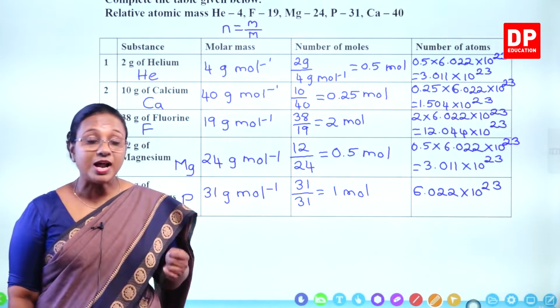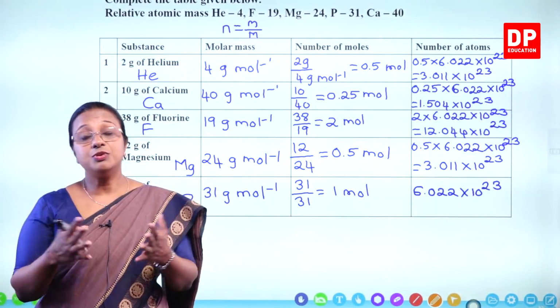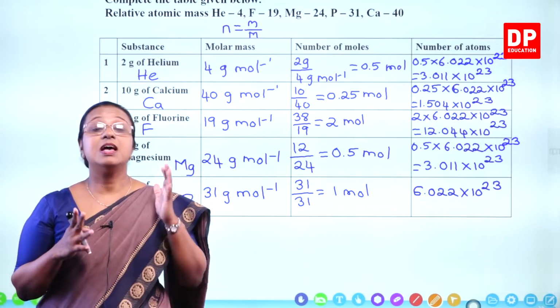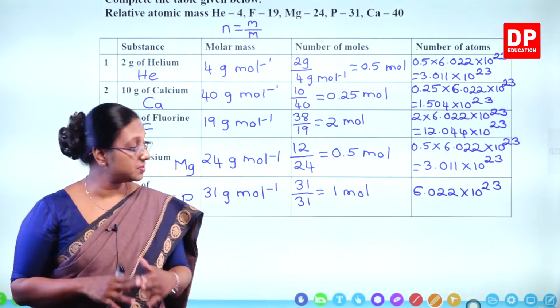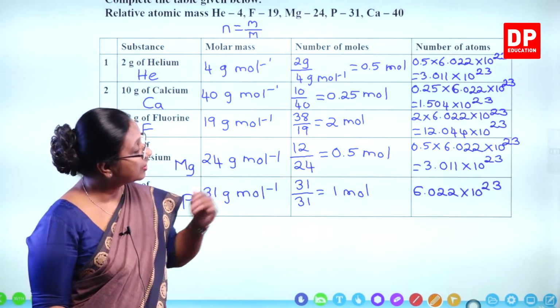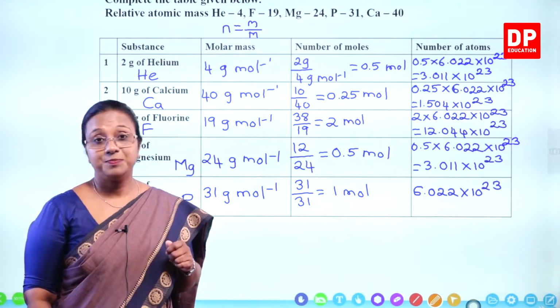So if it is 1 mole, you don't have to write and show. Why? You know the definition that says the number of building units in 1 mole of substance. So that is Avogadro constant, 6.022 into 10 to the power of 23.